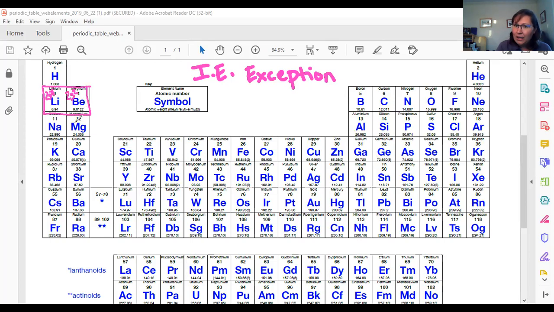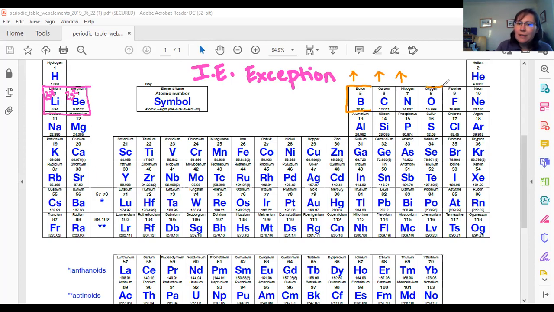This is a full s shell. Now, boron is the beginning of the p block. And so you could say that it's got one here, and then carbon will be up and nitrogen will be up for those.